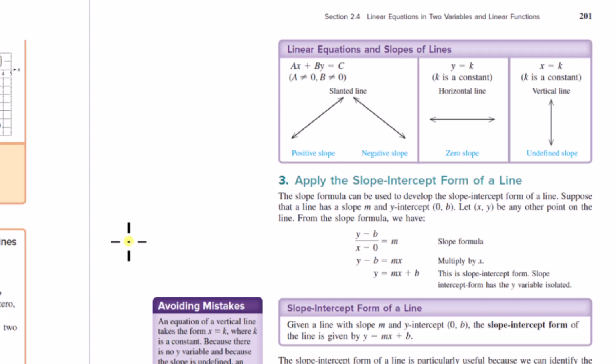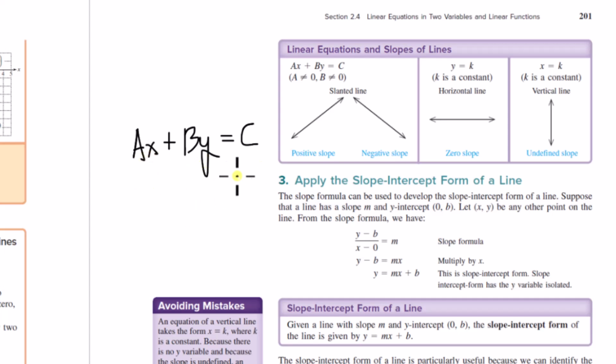Okay, now what we want to do next is look at what I like to call the general form, even though the book calls this the standard form, for the equation of a line in two variables. I like to call this the general form because it's similar to the general form of the equation of a circle. It's just everything expanded out to where you can see the different variables and their powers in this equation.